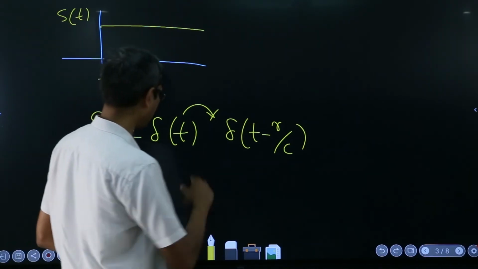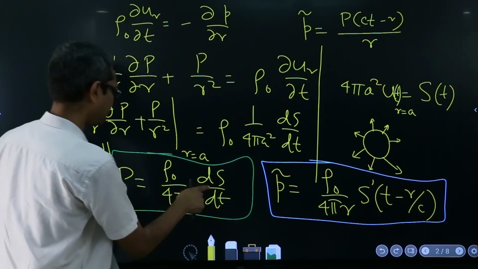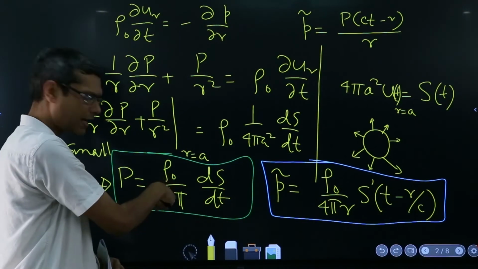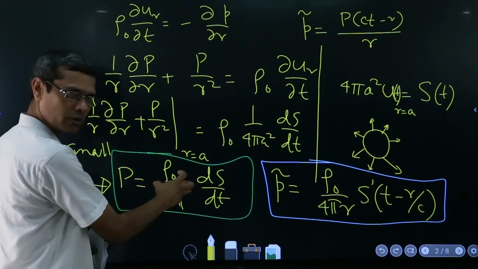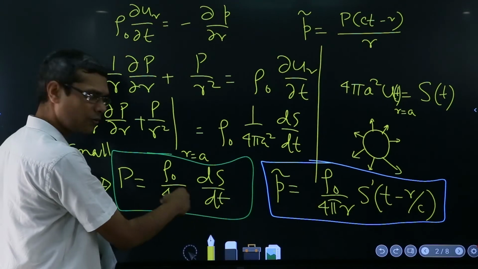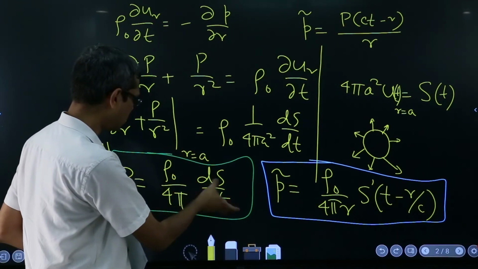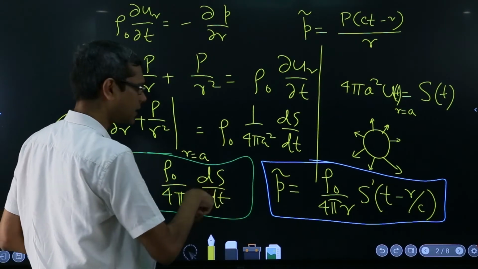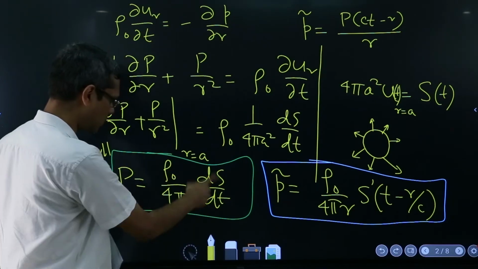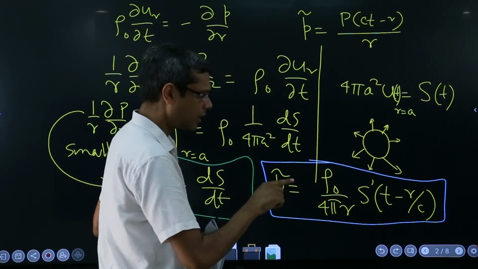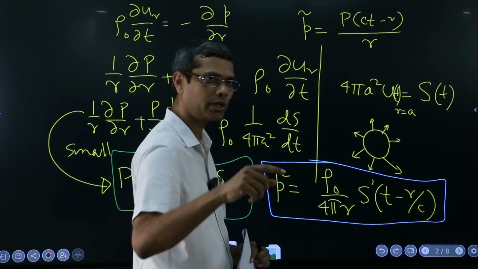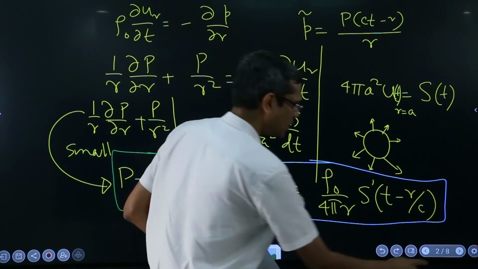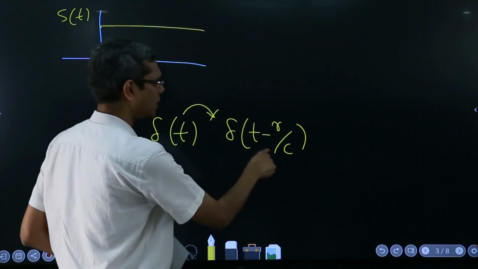So this ds by dt is delta, if you see here, and this is the factor I was saying, the magnitude. So this is the magnitude of that delta function. That gets generated at t equal to 0. But then it will take r over c time to reach any point which is at a distance r. That is what we are representing by this.